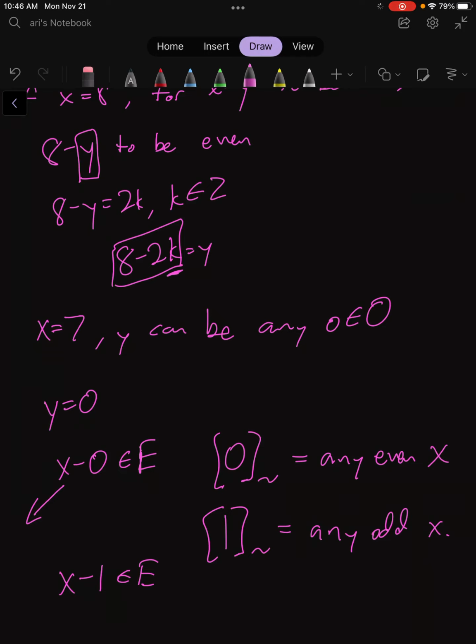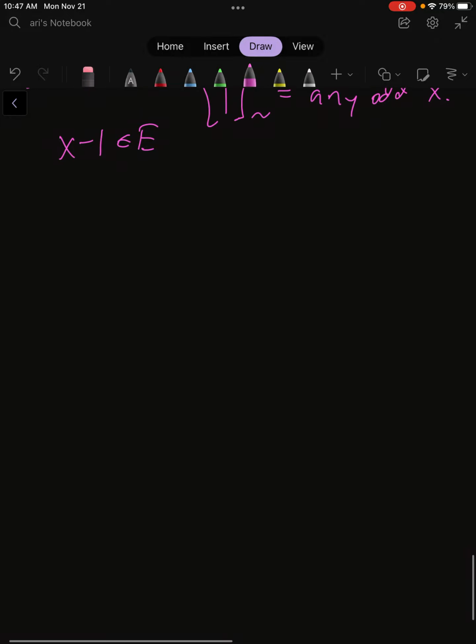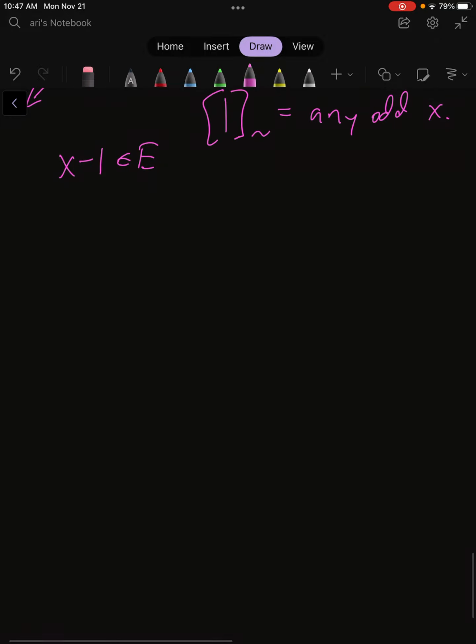We haven't covered it. And there's just one last little thing that I wanted to show you guys that we mentioned briefly in class today, but it's not on the worksheet. Not every relationship is an equivalence relation. For example, let's say x tilde y if and only if x is less than y.